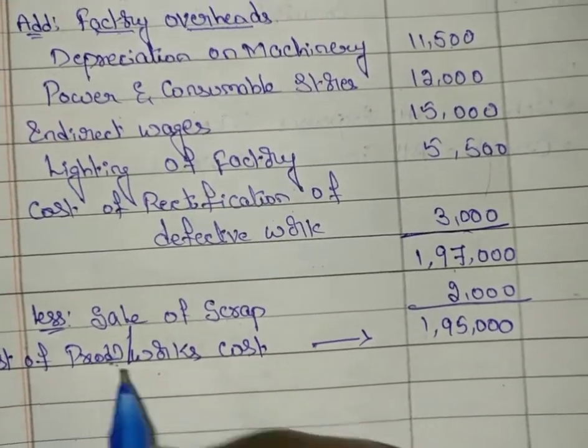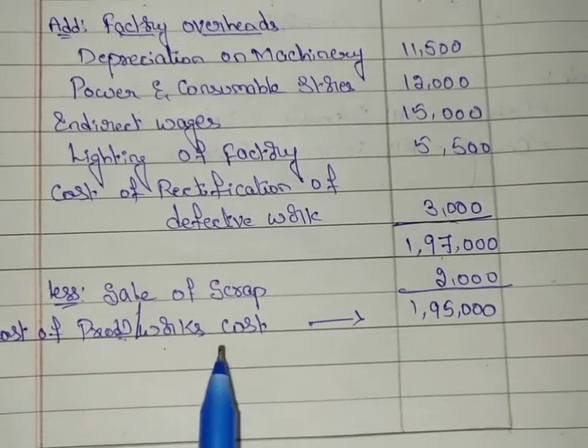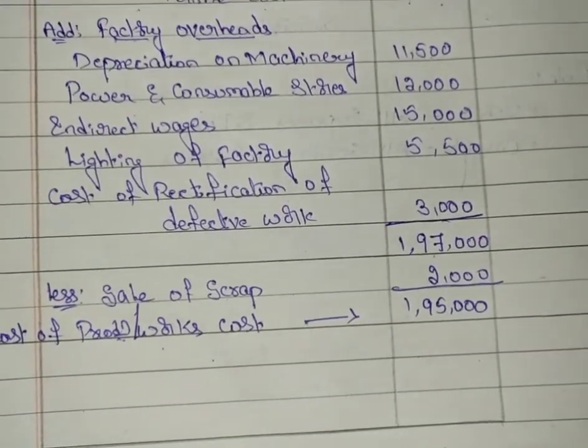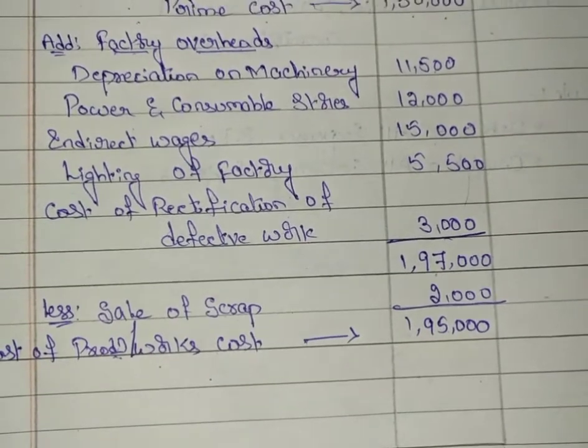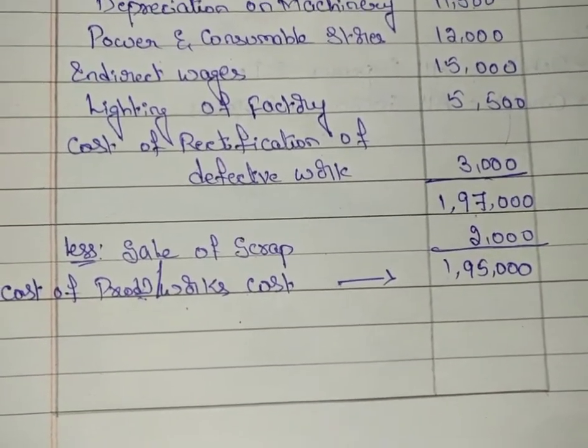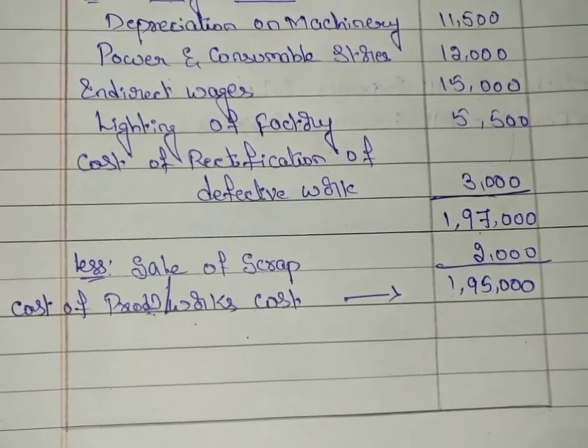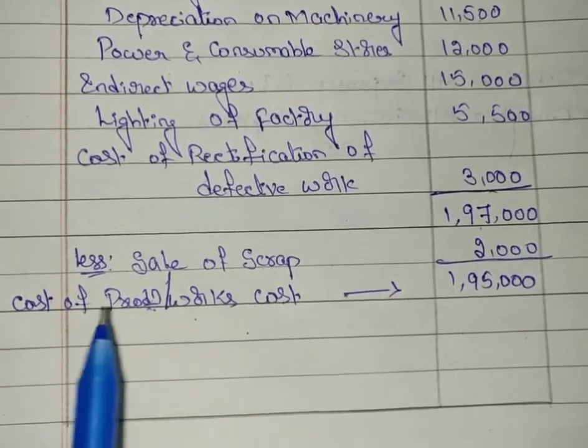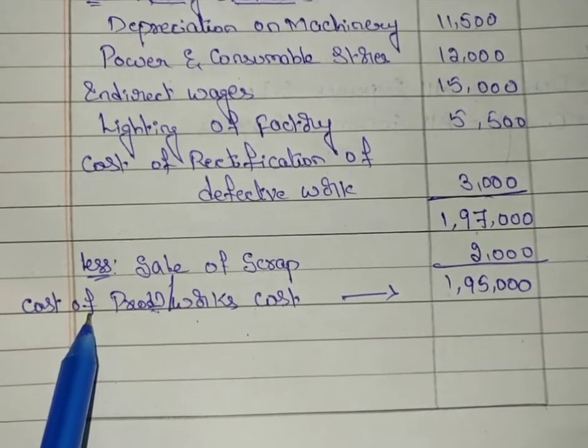So if you are given finished goods information, then that should be adjusted for works cost, then you will get the cost of production. Now here they have not given any information about the finished stock, so directly this works cost is also considered as the cost of production.